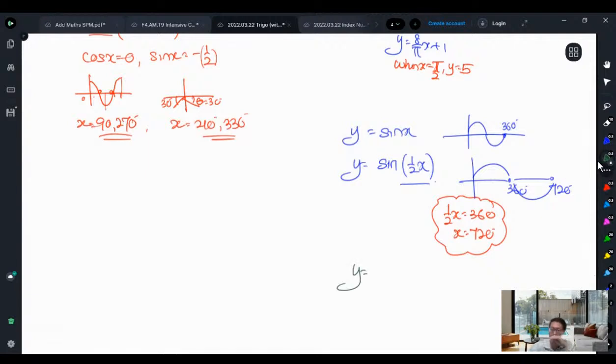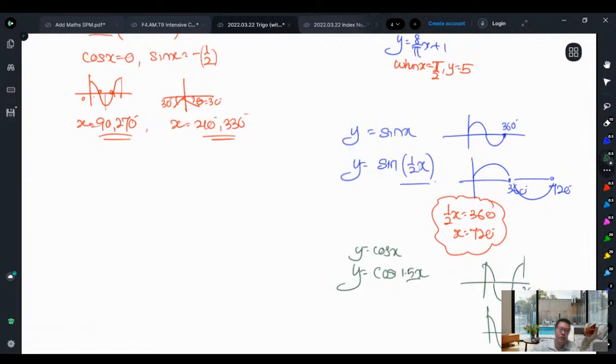So another question, you want this question, y equals to cos 1.5x. So I will first plot y equals to cos x. It's 360 degree. Now I have only 1.5. If within 360 I have 1.5, then within 720 I will have 3. So how to make 3? 1, 2, and 3.